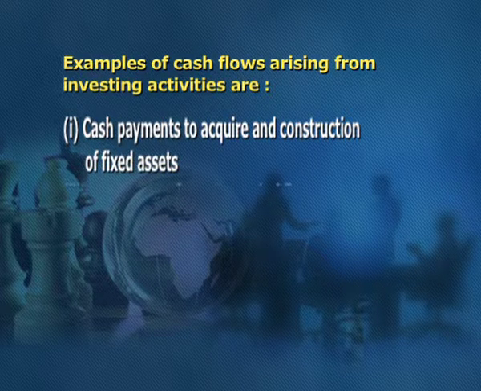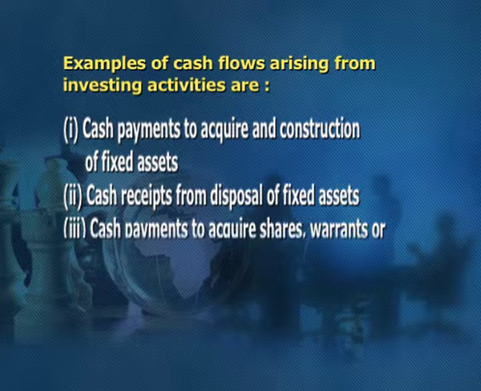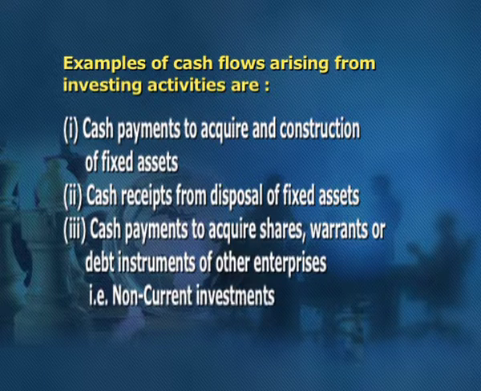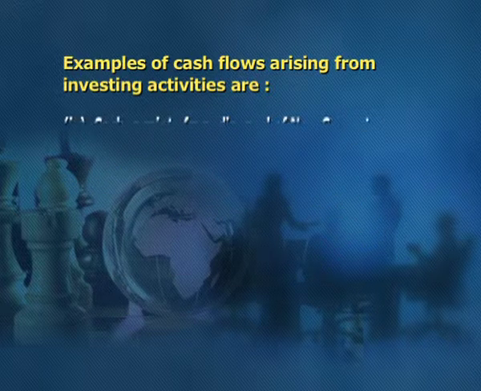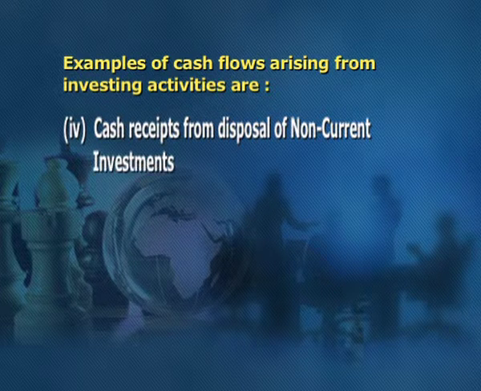Second, cash receipts from disposal of fixed assets, including intangibles. Third, cash payments to acquire shares, warrants or debt instruments of other enterprises, that is non-current investments. For a financial enterprise, it is an operating activity. Fourth, cash receipts from disposal of non-current investments, and for a financial enterprise, it is an operating activity again.